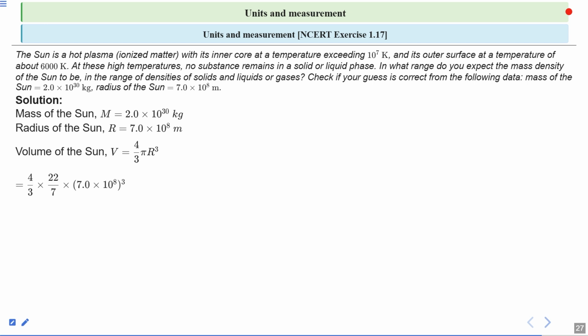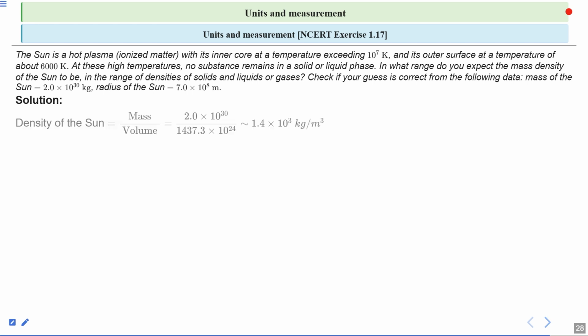So we do the calculation, and this is the volume of the sun. So mass by volume, we will get 1.4 into 10 to the power 3. So it is very close to our water density. So we can say that the density of the sun is in the range of liquids or even solids.